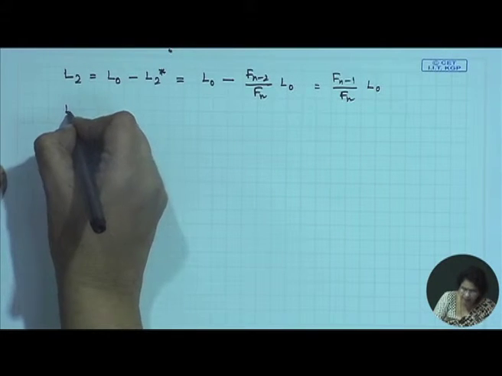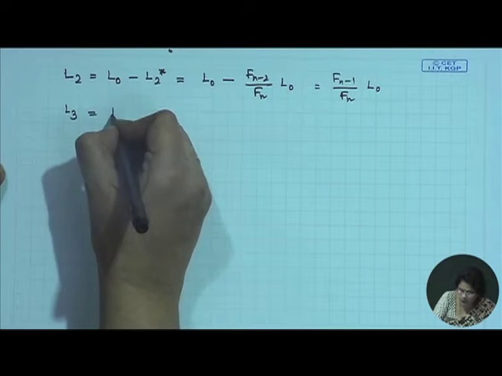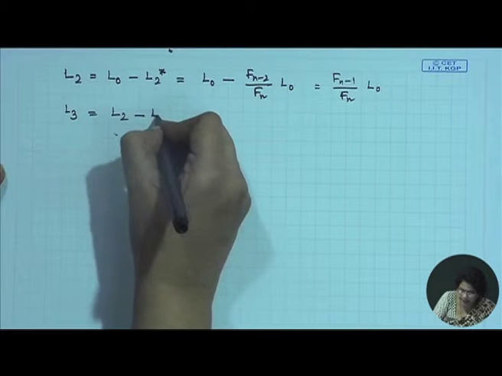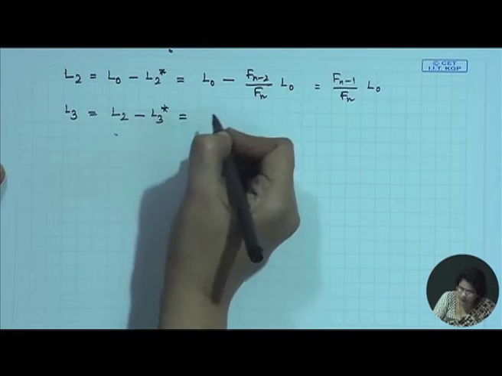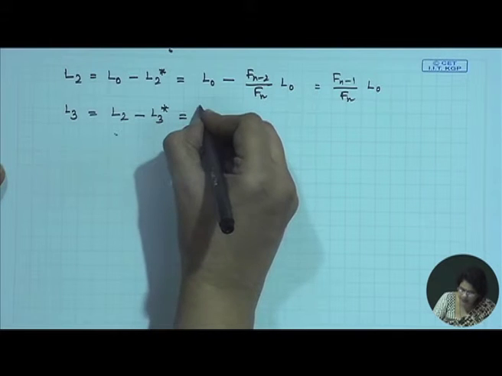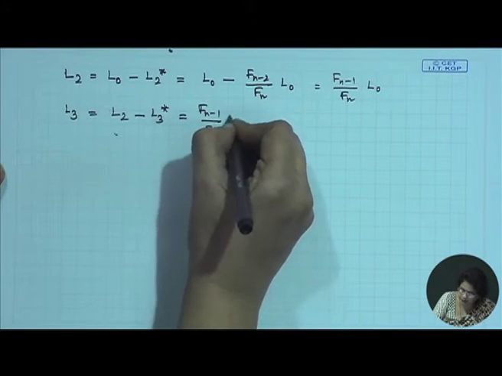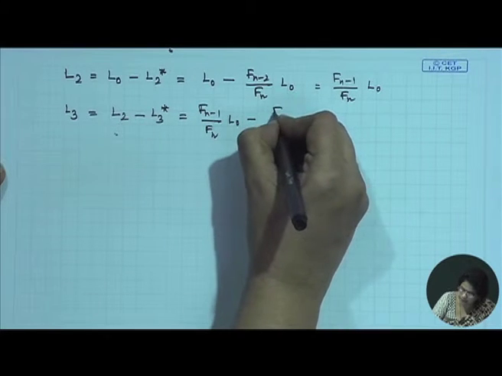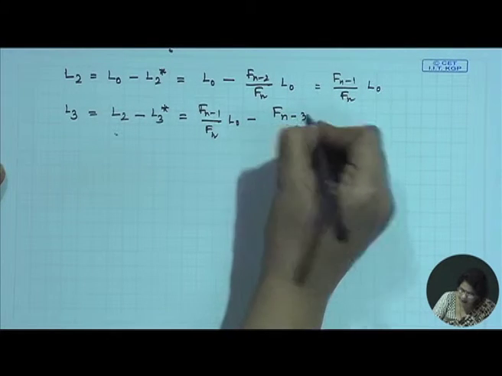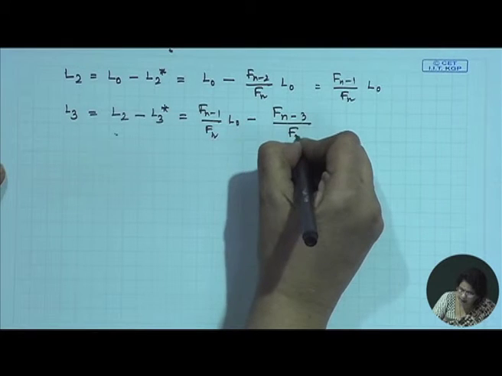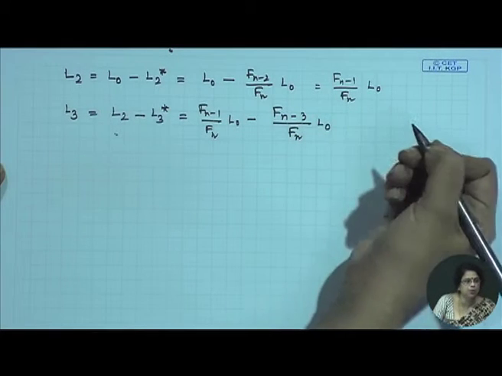Go to L3. L3 is equal to L2 minus L3 star. What is my L2? L2 is equal to (Fn minus Fn minus 3) by Fn times L0.